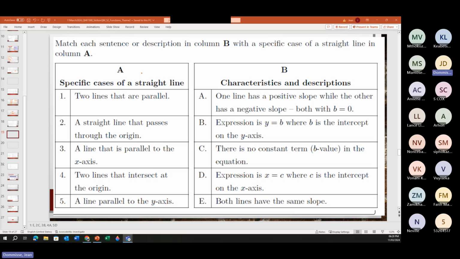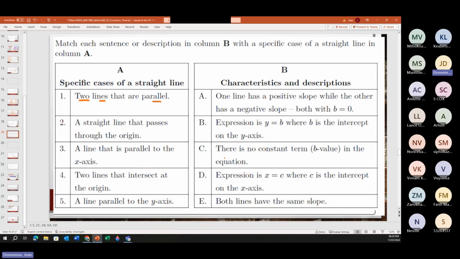So let's look at this and see which one matches up. So 2 lines that are parallel. So we have seen 2 lines that are parallel. The slopes of the 2 lines are equal. So let's look at one line has a positive slope while the other has a negative. So not that. Expression is y equal to b.